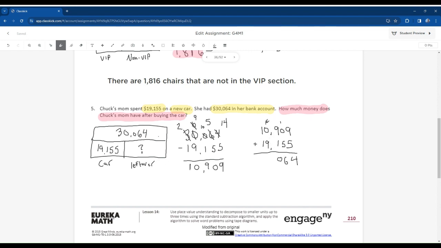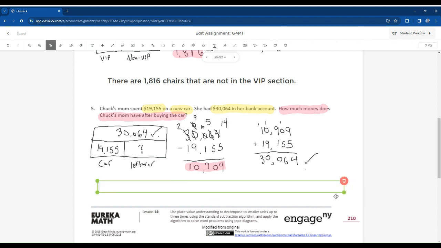Regroup. 1 plus 0 is 1, plus another 9 is 10. 1 plus 1 plus 1 is 3, to make $30,064. That checks. So we know that this is the amount of money she has left over.